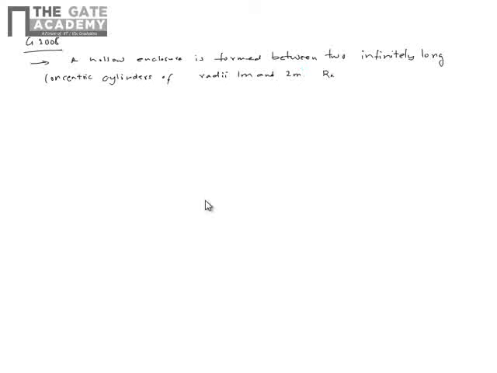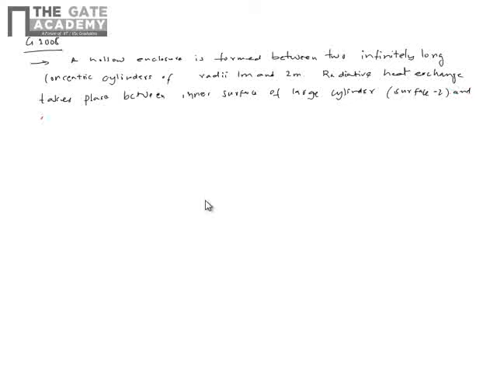Radiative heat exchange takes place between the inner surface of the large cylinder, which is surface 2, and the outer surface of the inner cylinder, the smaller cylinder, which is surface 1.